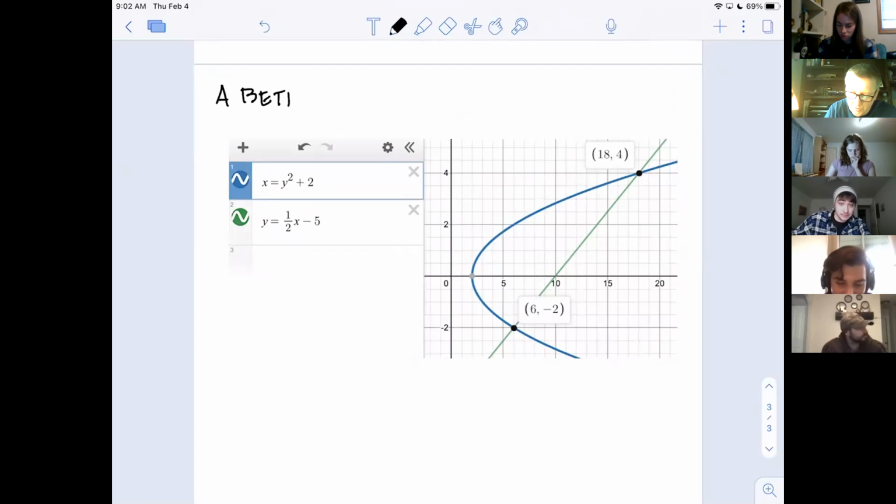A better way. Is there any reason that we could not turn our rectangles sideways?